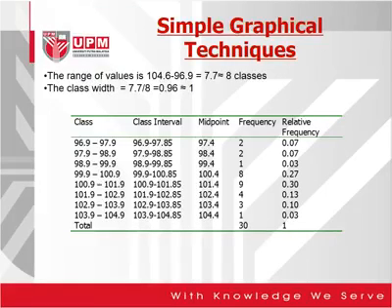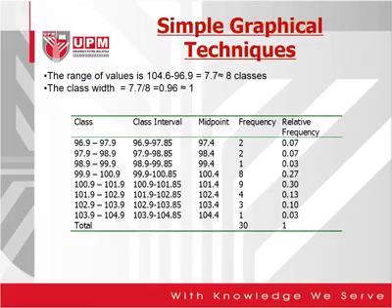That's why, in the second column, class intervals, we just plus or minus 0.05. So the upper level for the first class is 97.85, and the lowest of the second class is 97.9. So there is no overlapping, and we avoid the data classification problem.